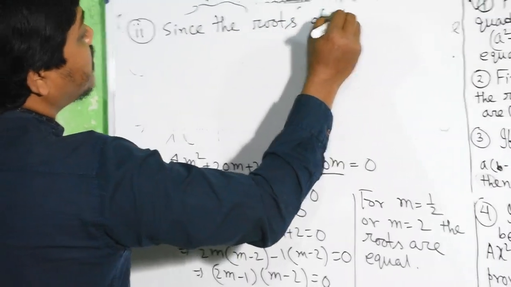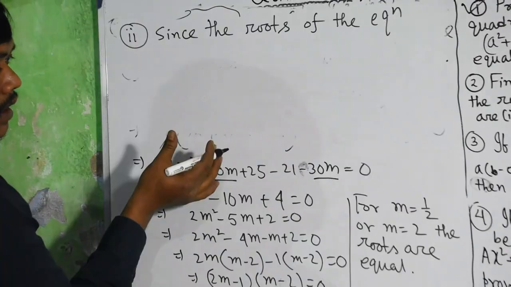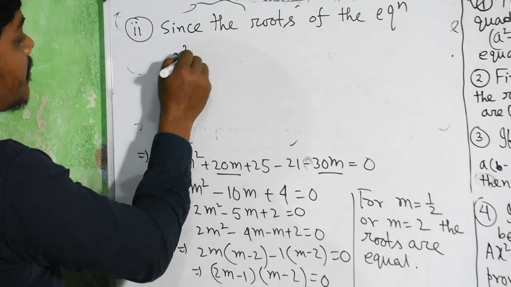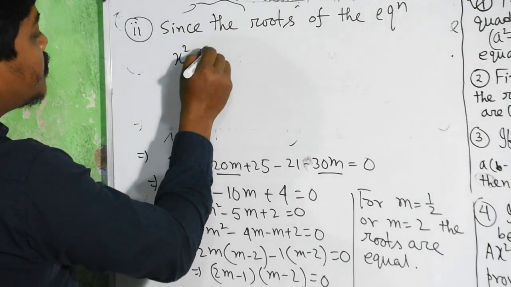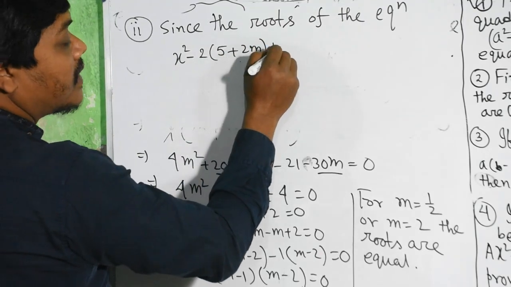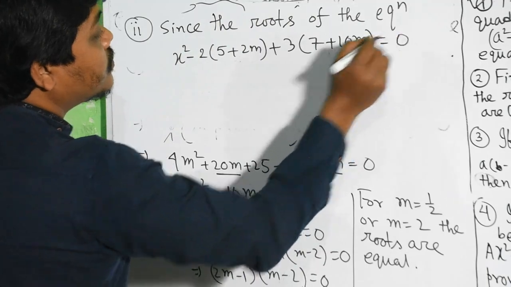of the equation x square minus 2 into 5 plus 2m plus 3 into 7 plus 10m equals to 0.